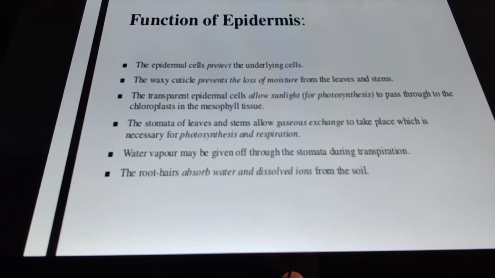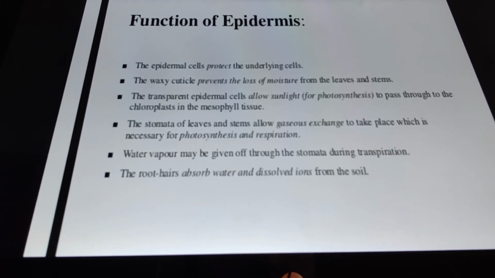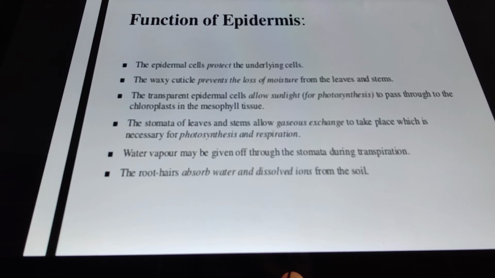Water vapor may be given off through stomata during transpiration. And last, the root hairs absorb water and dissolved ions from the soil. So these are a few functions of epidermis.